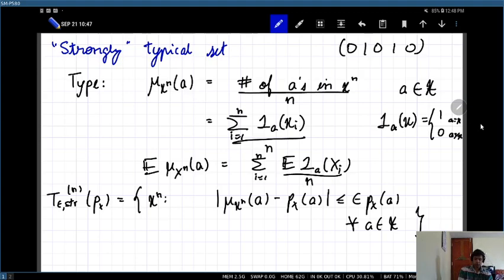But what is this equal to? I want you to pause the video and tell me what the expectation of the indicator a of xi is equal to.